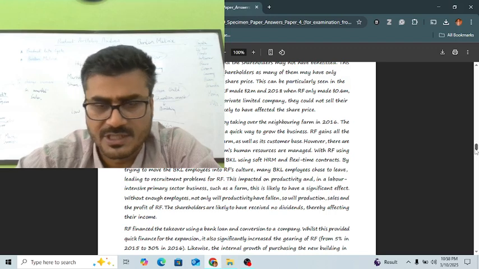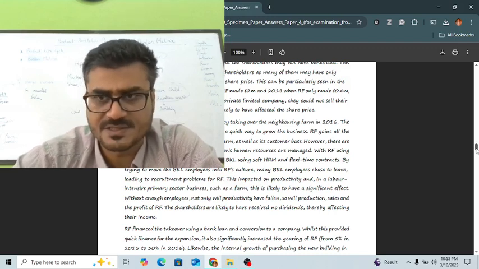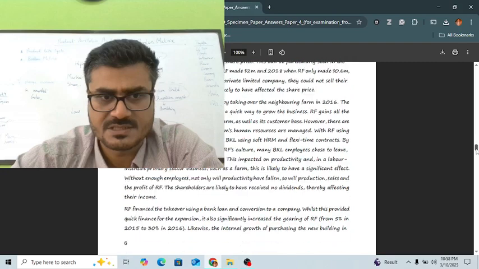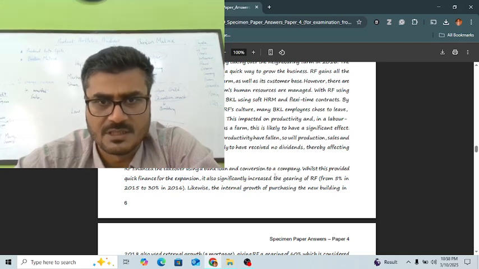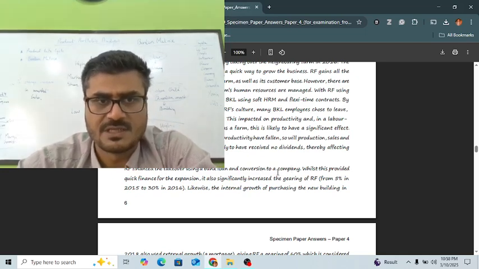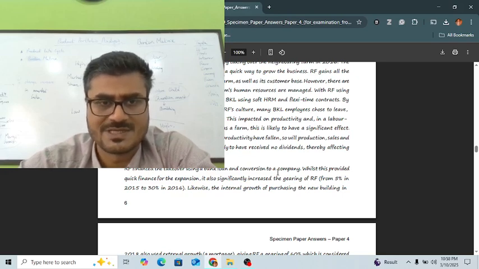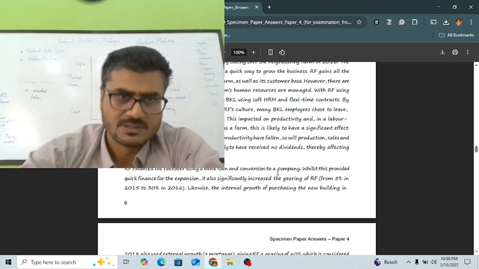In the third point, he discussed that he had to take a loan to convert the business into a company, and obviously he also had to issue shares for the external growth, the takeover.